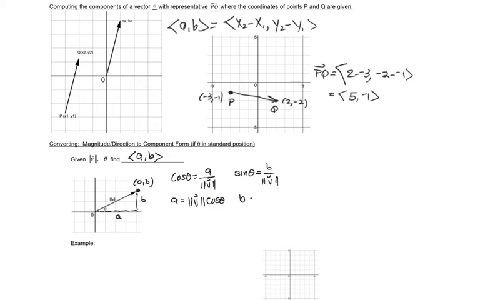So B equals magnitude of V sine theta. It's very similar to what you did when you worked with polar coordinates back in Math 5B. So the vector V can be expressed as magnitude of V cosine theta, magnitude of V sine theta.